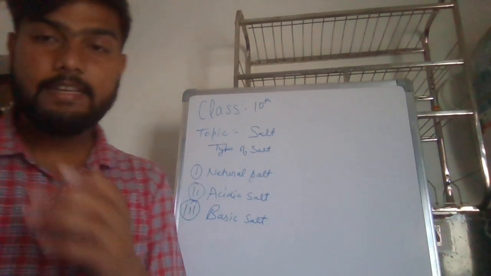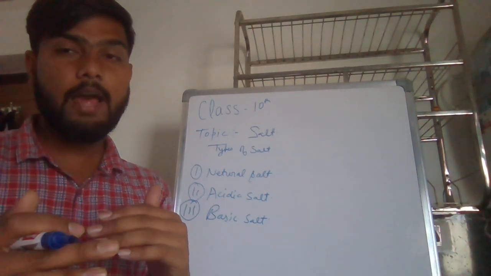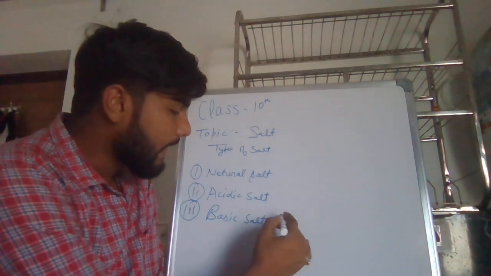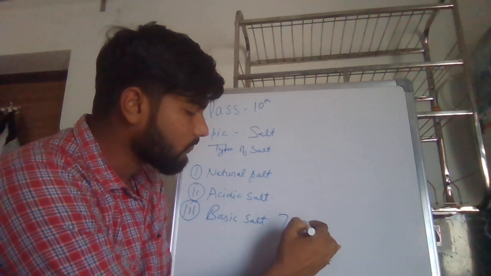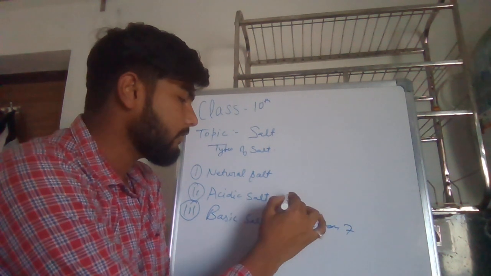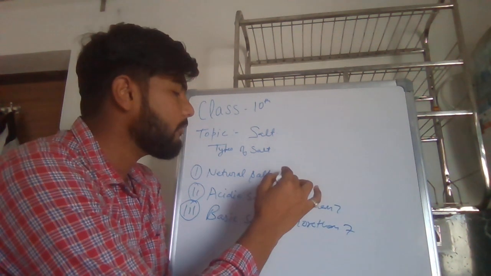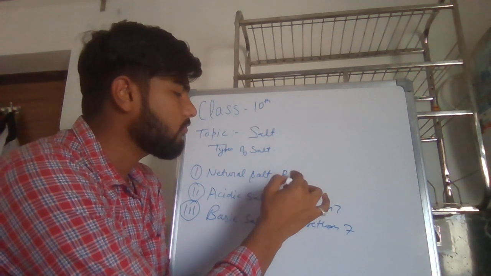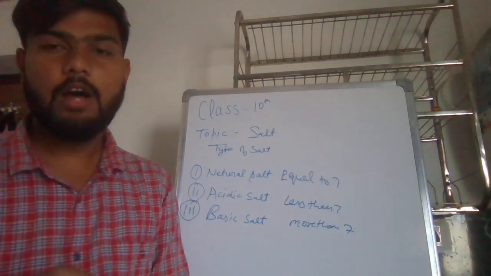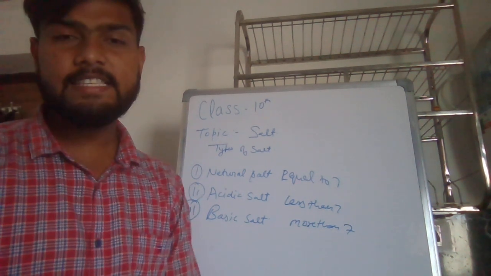For sodium carbonate and sodium acetate, the pH value will be more than 7, and this one will be less than 7, and this will be equal to 7. I hope these three types of salt are clear to you.